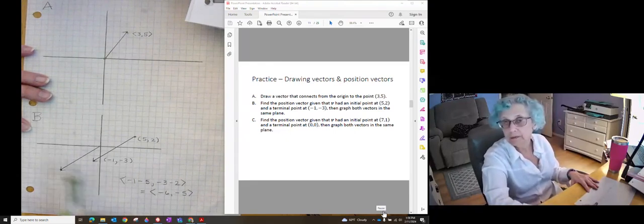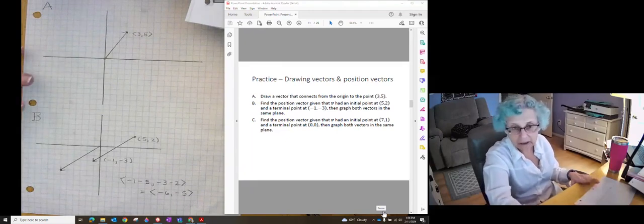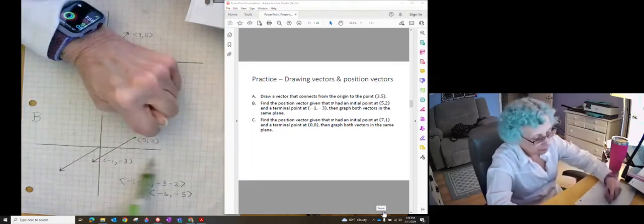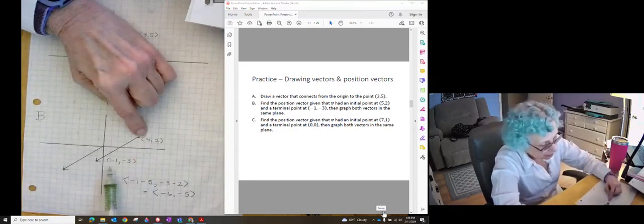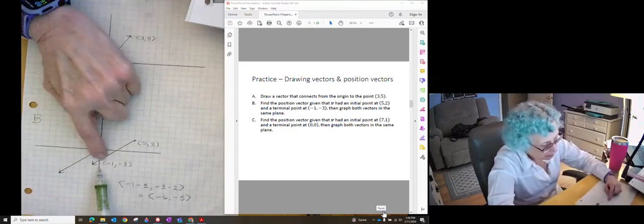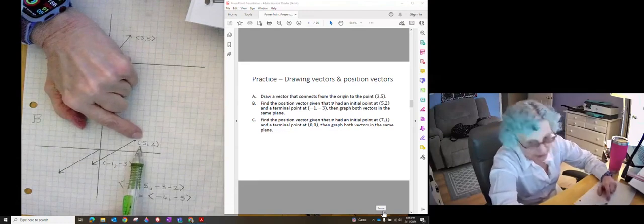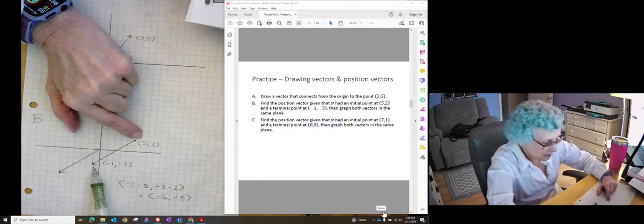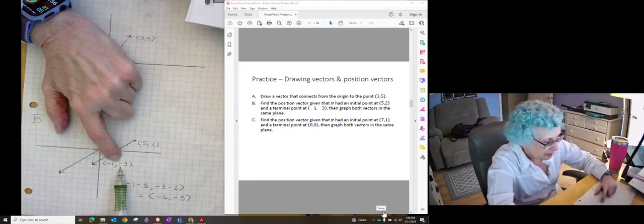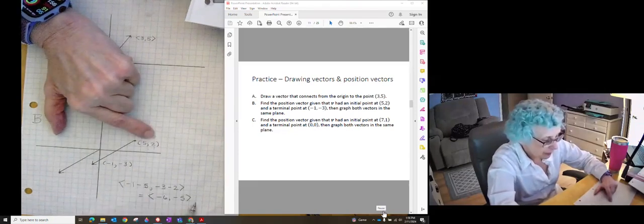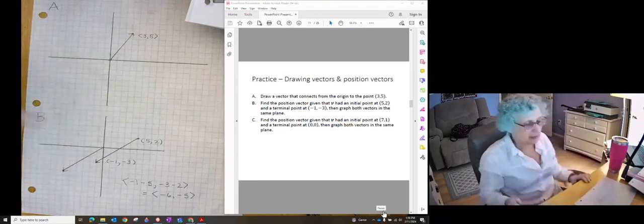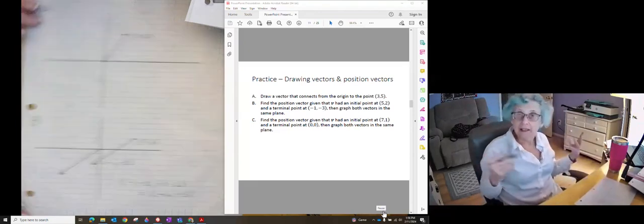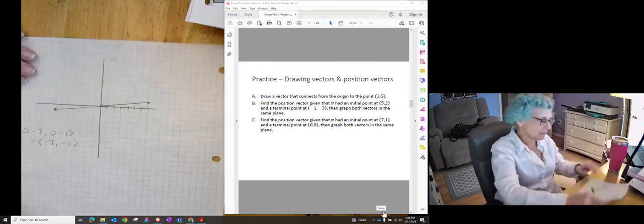Then graph them in the same plane. Easy enough. So I took x-coordinate minus x-coordinate. You start at the arrowhead. Y-coordinate minus y-coordinate. And it really does look like I just picked it up and moved it.